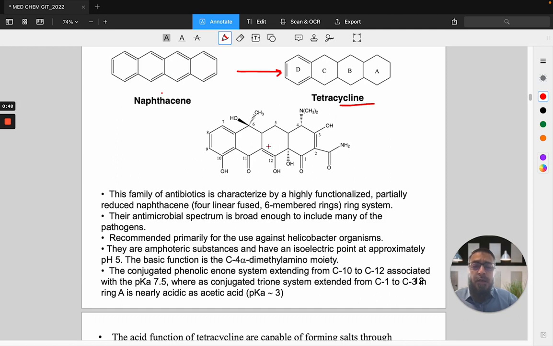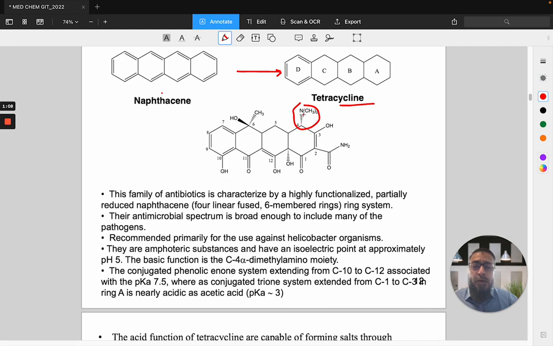The most important things in tetracycline are the enone conjugation system and the stereochemistry at the C4 carbon, which carries the alpha dimethylamino moiety. So there are two important structural functionalities.